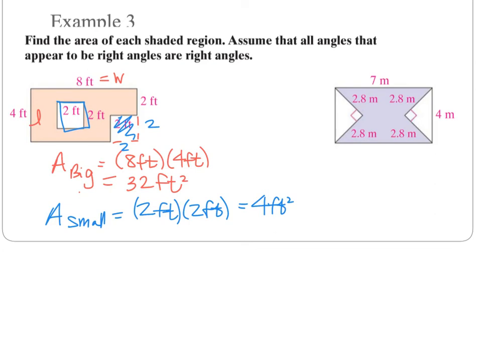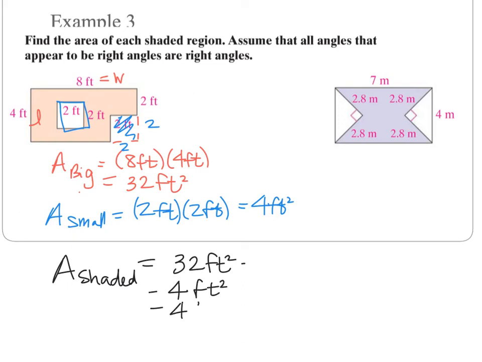So if I want to find the area of the shaded region now, this is going to be 32 feet squared minus my 4 feet squared minus another 4 feet squared.